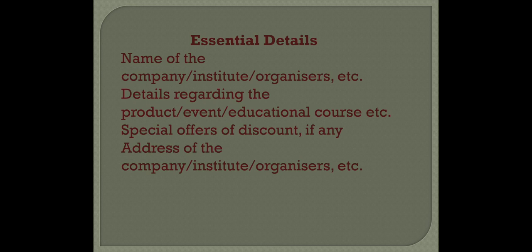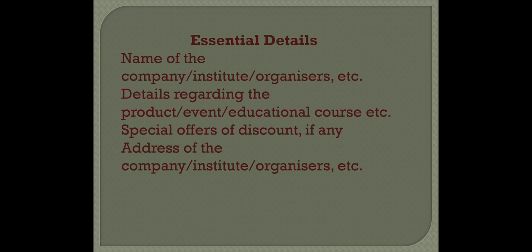Next are the essential details which we need to take care of. In the beginning of this type of advertisement, that is the display advertisement, we need to write the name of the company or institute or organizers, those who are displaying that advertisement. Then definitely we need to give the details regarding the product.